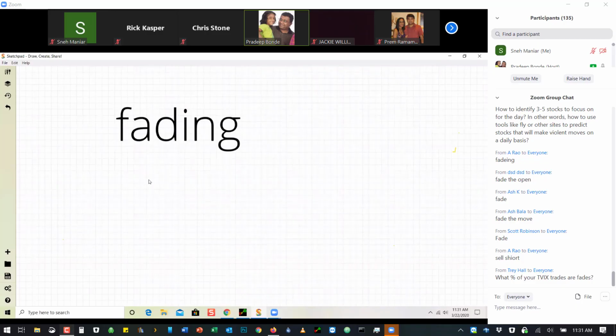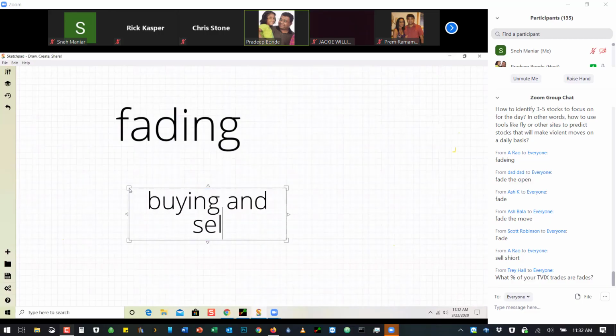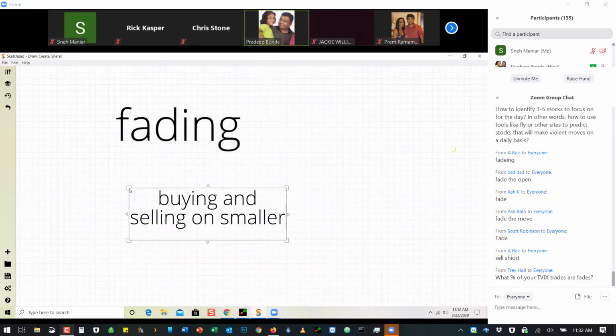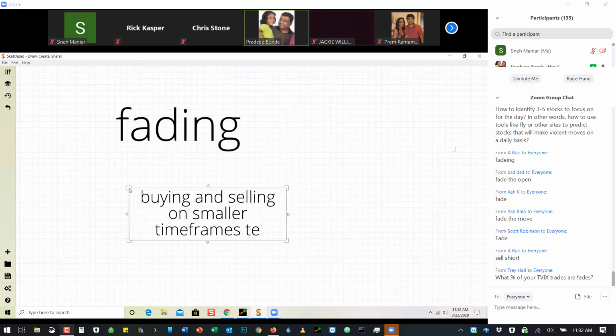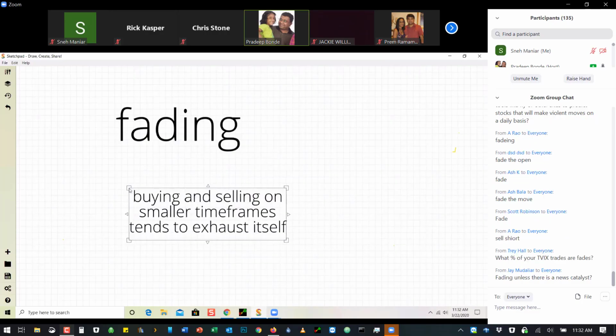Because buying and selling on smaller time frames tends to exhaust itself. So exhaustion is such a common phenomenon in intraday.